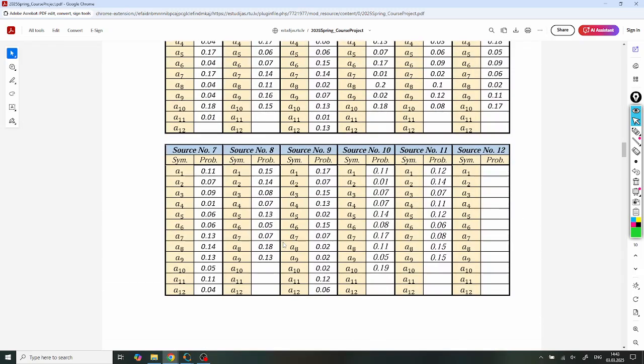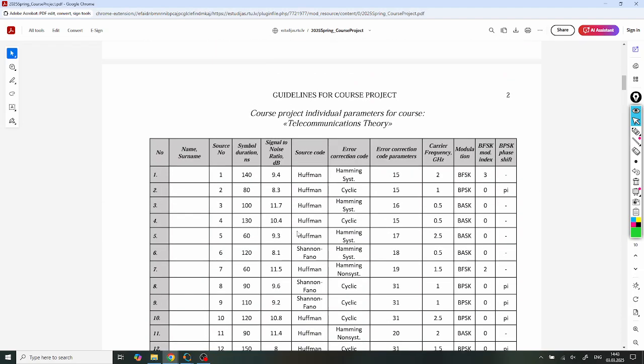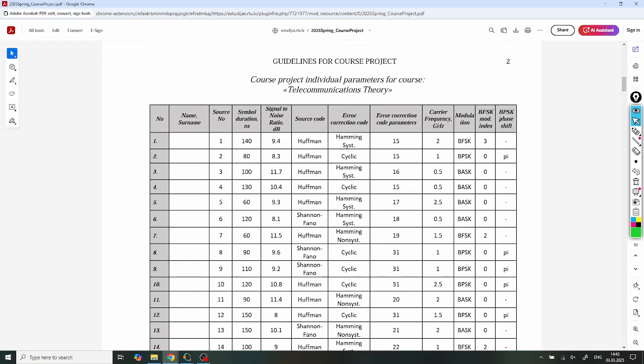Now, for your individual parameters today, we are going to need just few of them, mainly the carrier frequency, the modulation type, and if you have frequency shift keying BFSK, you are going to need to have index also. Yes, so for everybody who is having it 0, it's not there.